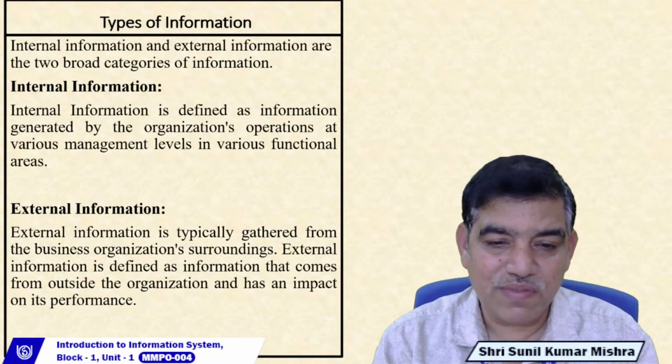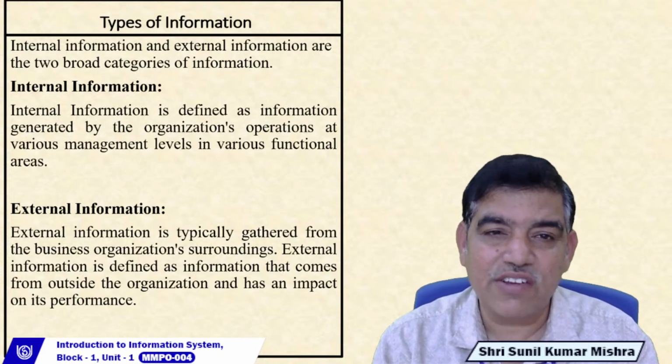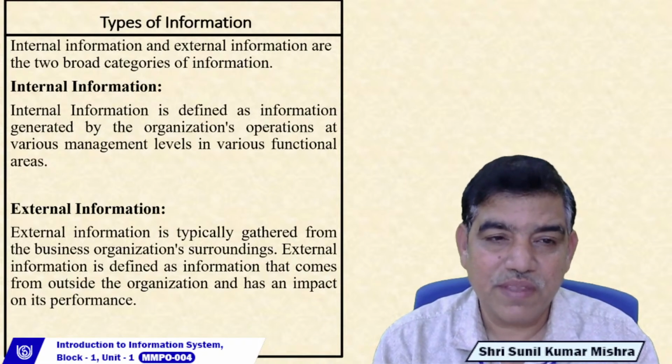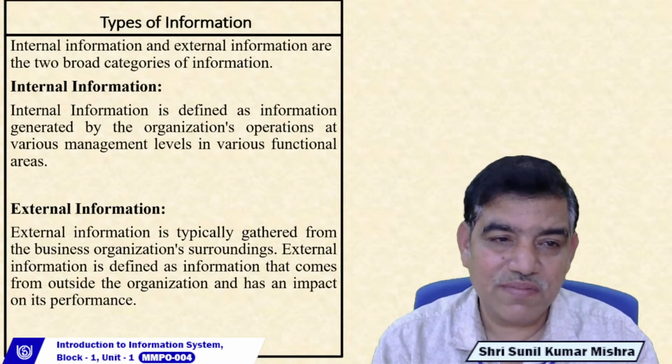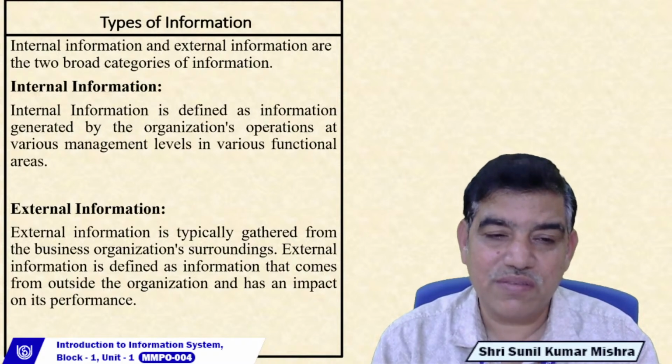As we know, in an organization, there are three categories of people working together for a specific goal: low-level employees, middle-level employees, and top-level employees.